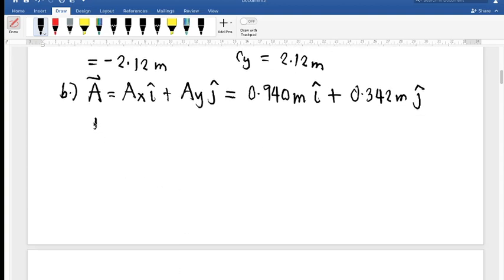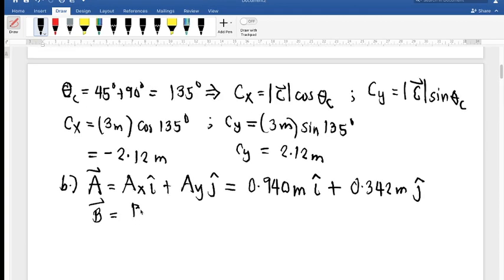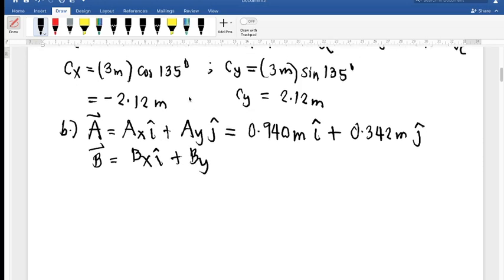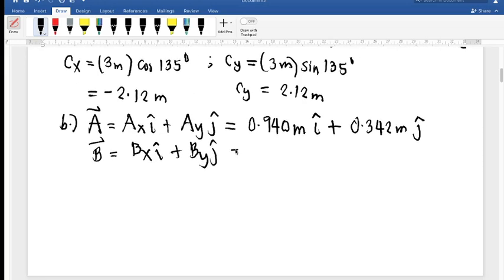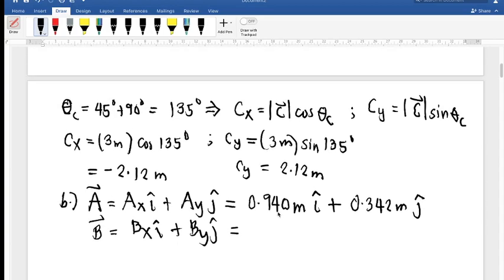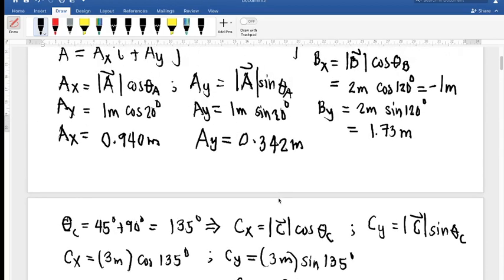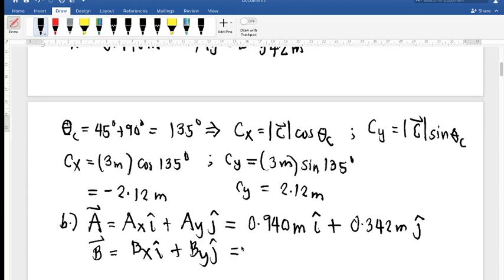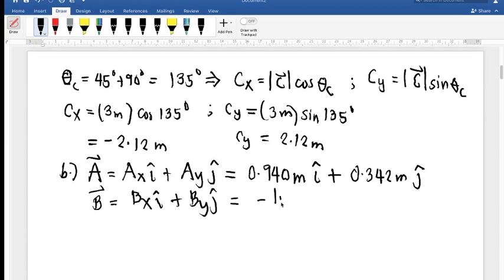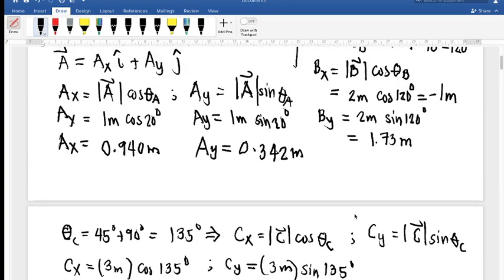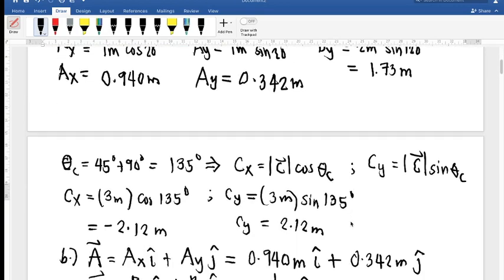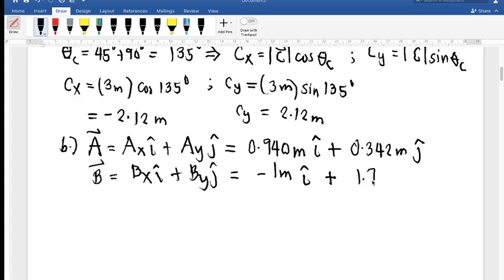How about yung vector B mo? B is same lang din, Bx i hat plus By j hat. So magkano yung B? X, that is negative 1 meter yung Bx i hat, plus 1.73 meters j hat.